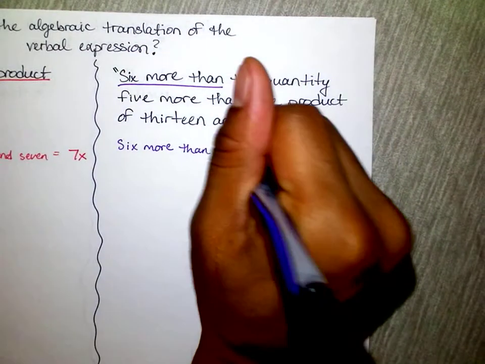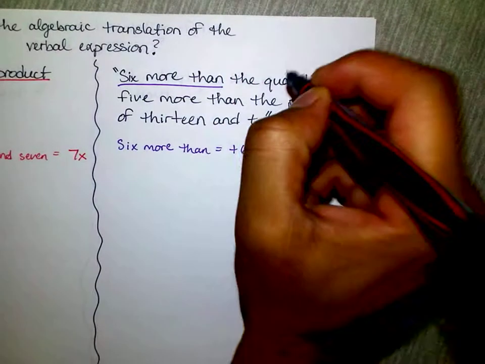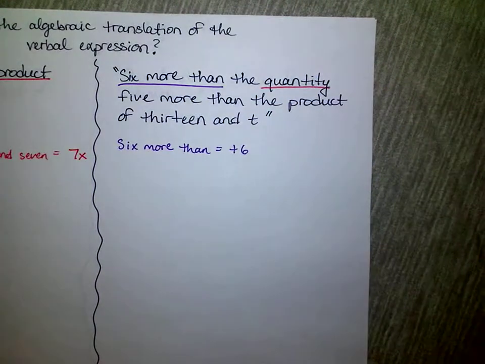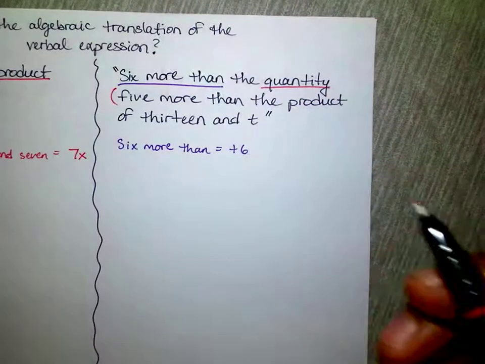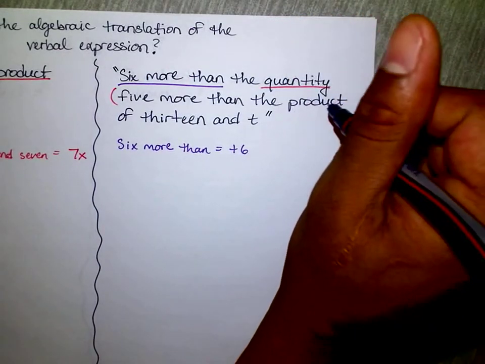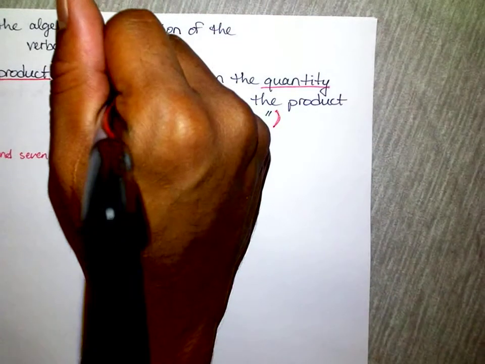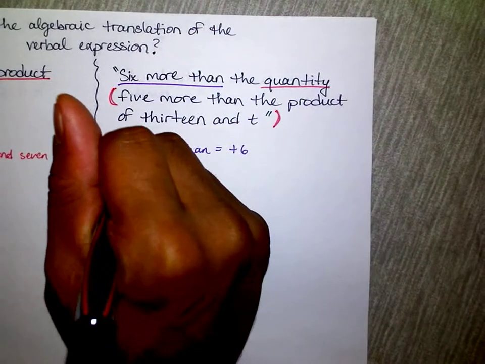Well, that's going to be equal to positive 6. Okay? Quantity, that automatically represents parentheses. So parentheses of 5 more than the product of 13 and t.